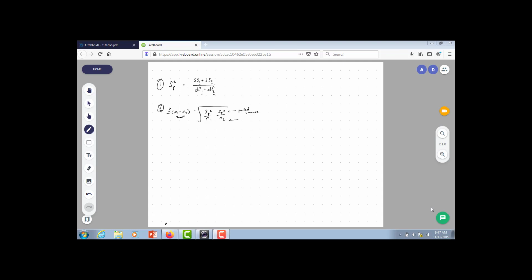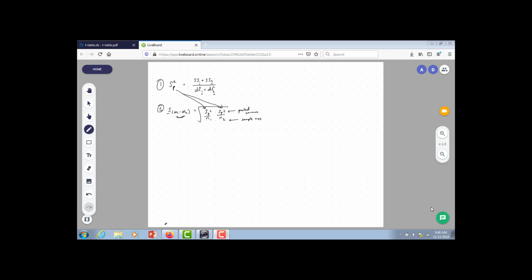In the denominator, we have the sample size for each respective sample. And we're going to take the square root of everything. So essentially what you will do is drag the pooled variance from there into these respective numerators so that you can calculate your standard error for the sample mean difference.